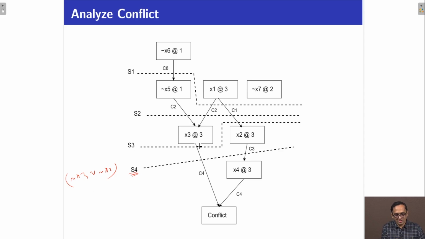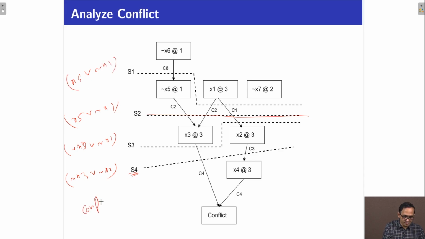What about S3? Not x3 or not x1, right. If I consider S2, it is x5 or not x1, because of the negation of this or the negation of this. So, this is the clause I learned from S2, and for S1 it is not x6 or not x1. So, these are all conflict clauses.